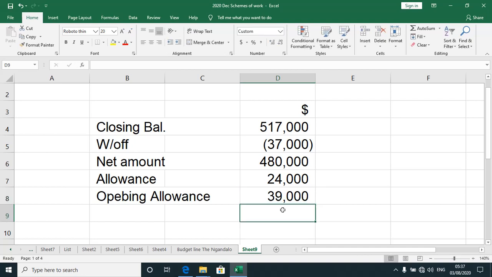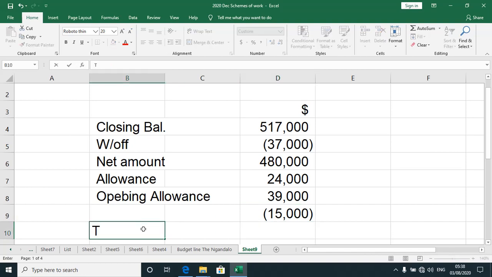I opened with 39 and I'm closing with 24, meaning that there's a reduction in my allowance of about 15,000. Therefore, the total expense will be, and I need to just be a bit more clear here. The irrecoverable debt is an automatic expense minus the reduction.